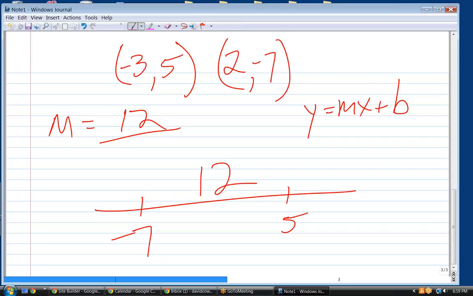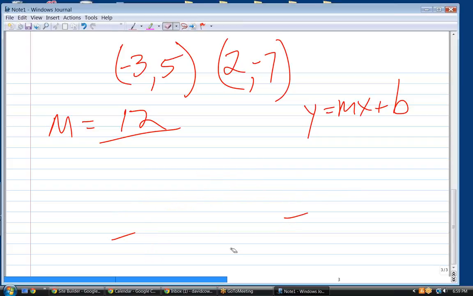But the sign is very important. Is it a plus 12 or a minus 12? Depends on which way you're going. It looks like you did 5 minus a minus 7, so you did y sub 1 minus y sub 2. That's perfectly fine. Just make sure you do the same thing on the x's.